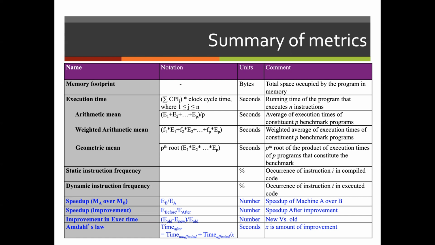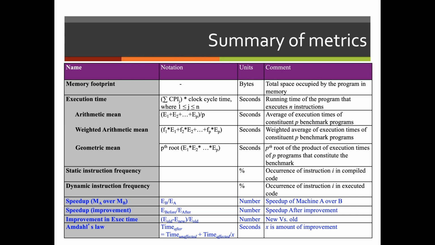We've talked about the average of execution times of the appropriate components, the arithmetic mean, which is going to average the constituent benchmark programs. We have the weighted arithmetic mean, where we're weighting the average execution times of the benchmark programs. And then we have the geometric mean, which provides a root of the product of execution times.